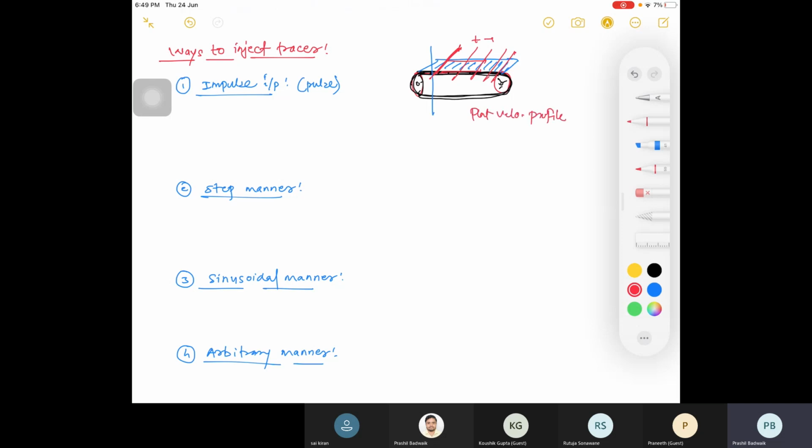At time t equal to 0, I put this stream here, and after some time it is here, here, here, right? So all molecules have the same residence time, right? All molecules have the same velocity, and it is like a belt. Okay, so this is an example of a flat velocity profile.